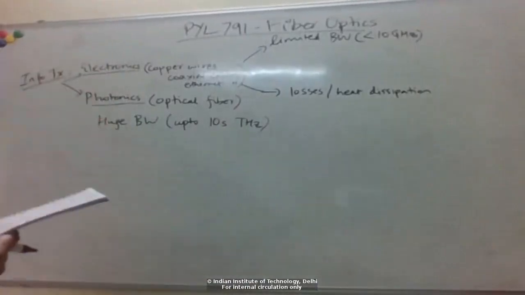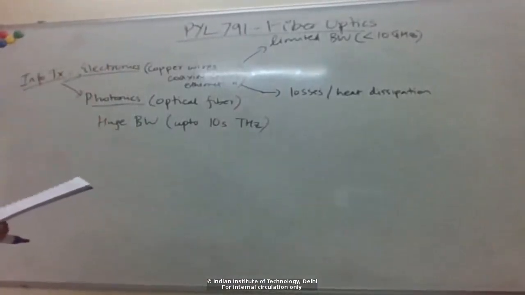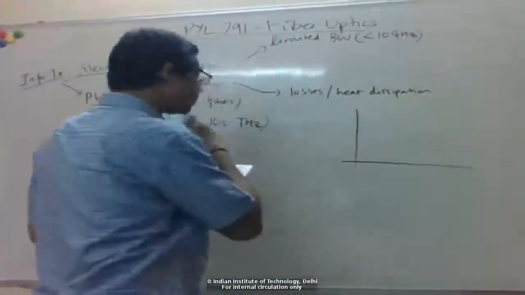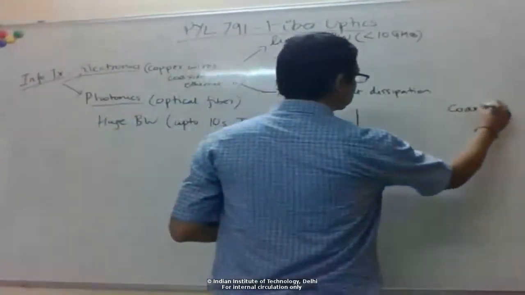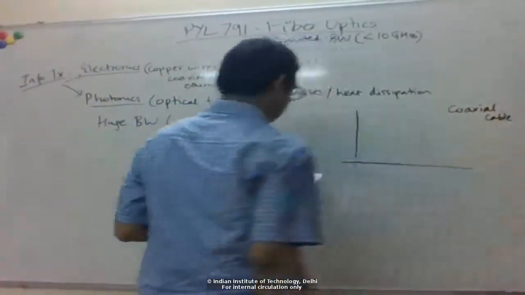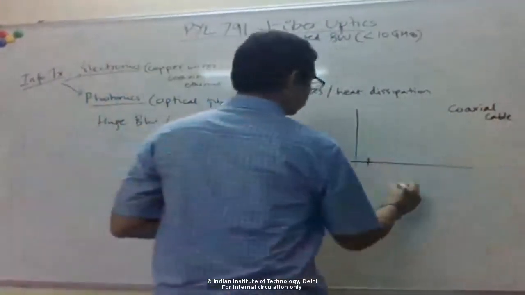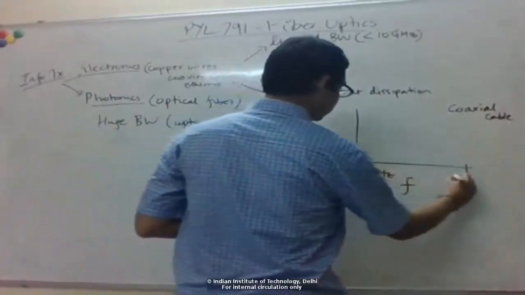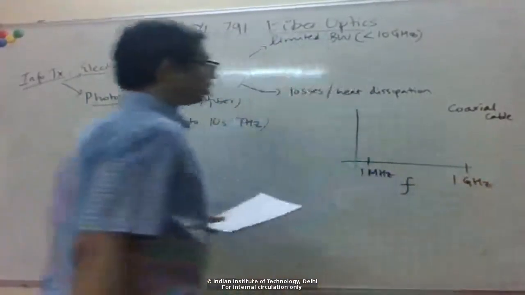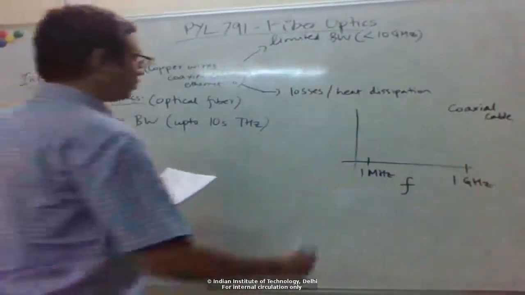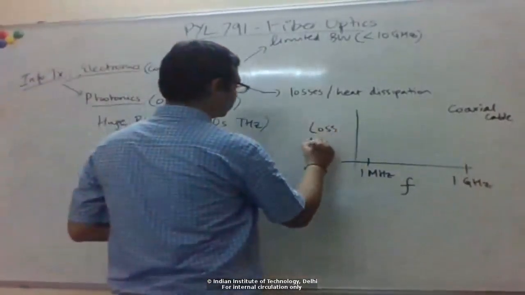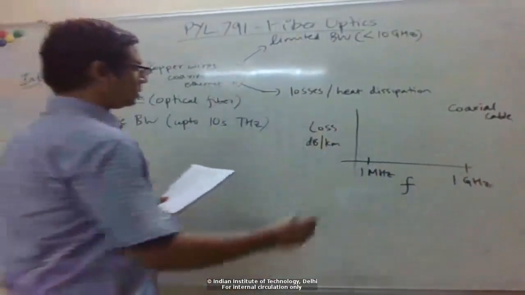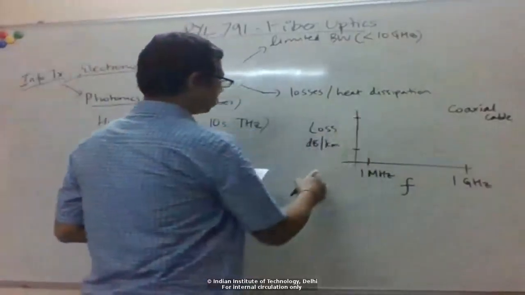But if we go to photonics and transmission using optical fibers, okay, to give you some idea here, let's say we take a coax cable and we plot the loss as a function of frequency. The typical frequencies I use are megahertz to gigahertz. If we plot loss on the y-axis in dB per kilometer, maybe I'll explain this unit a little bit more.